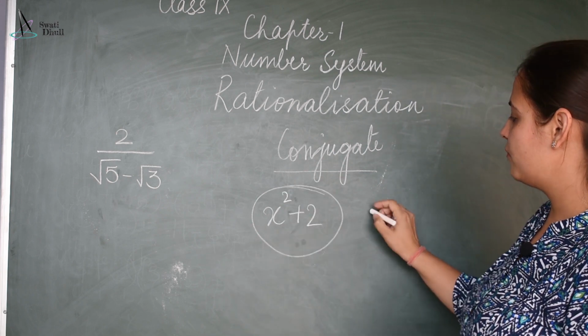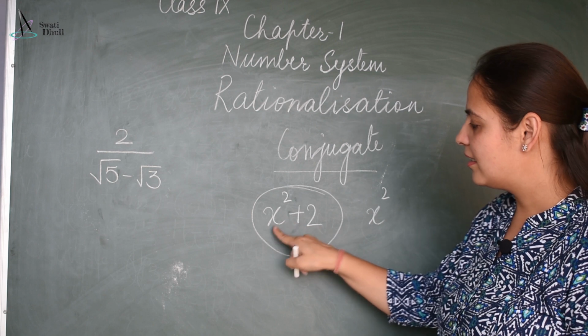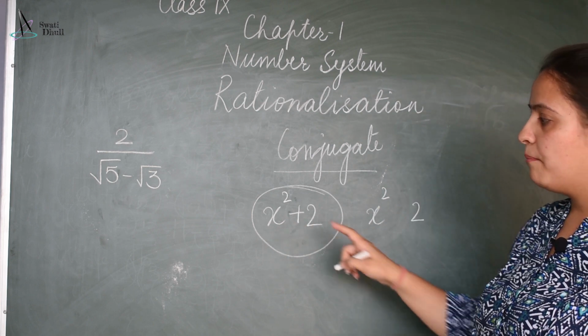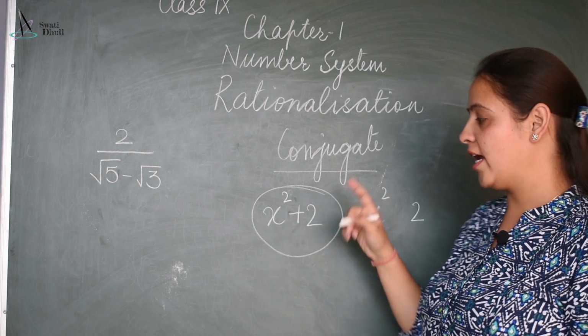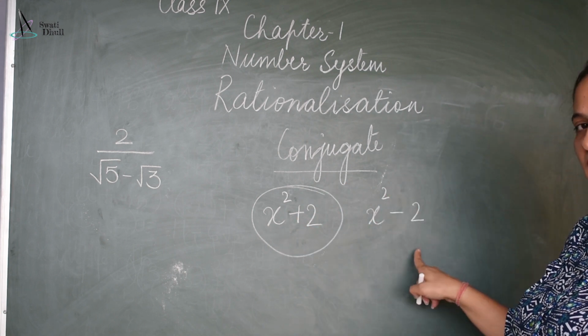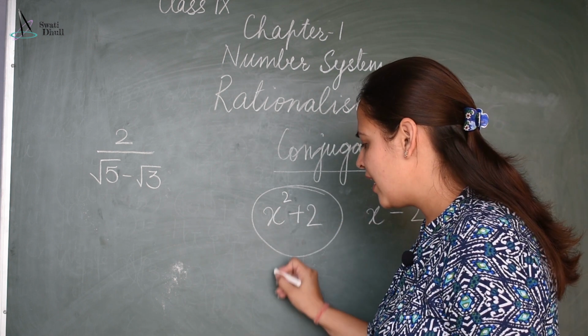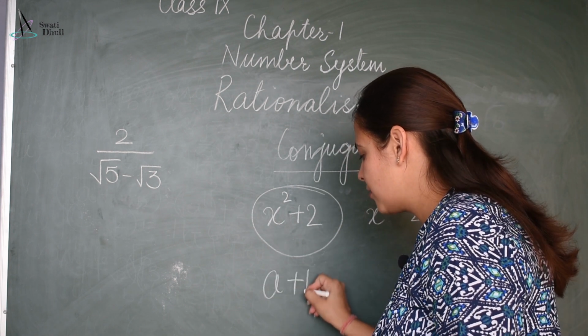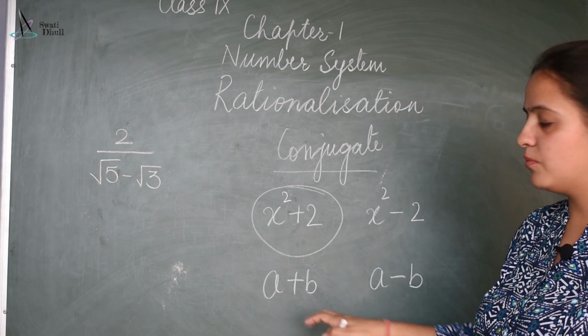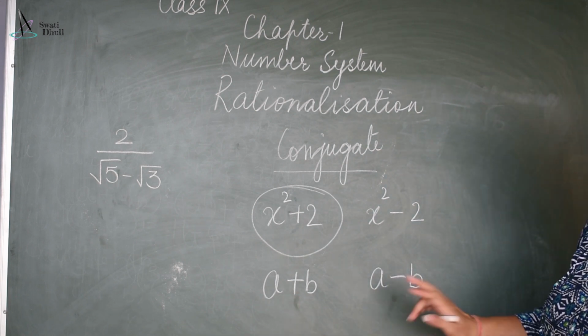Suppose I have the term x square plus 2 and I need to find the conjugate of this term. The terms will remain the same, x square and 2, but the sign will change. Here it is plus, so its conjugate is x square minus 2. If I have any term, let's say a plus b, its conjugate is a minus b. We just need to change the sign.